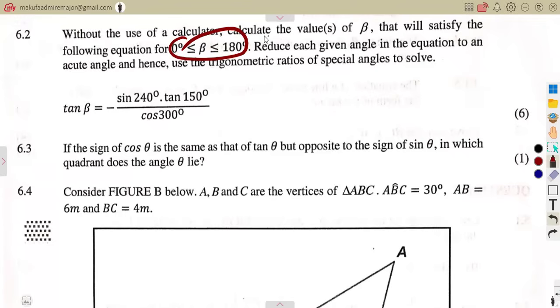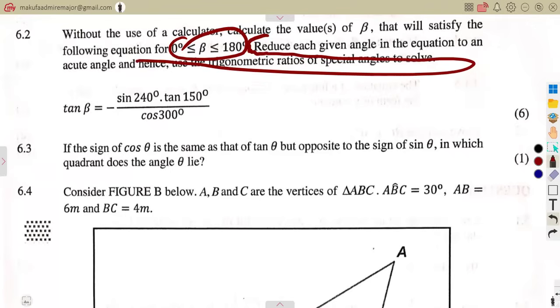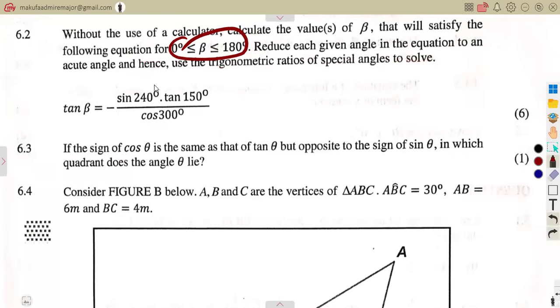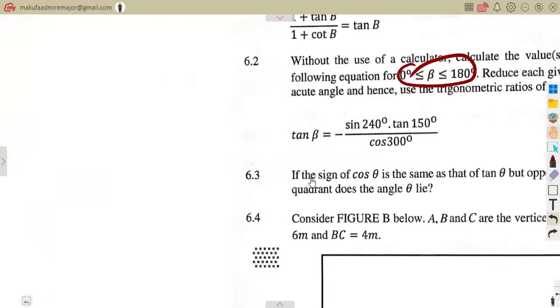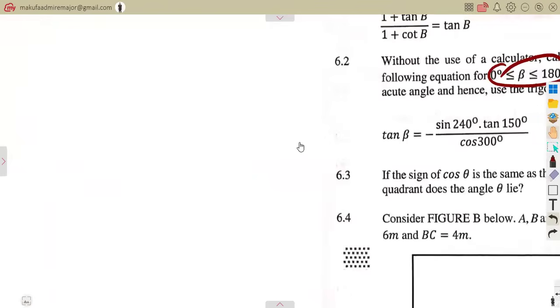Guys, you are not supposed to be told to reduce each of these. No. But anyways, that was an advantage. You are told how to answer this question. You are given a question and they're telling you how to answer that question.